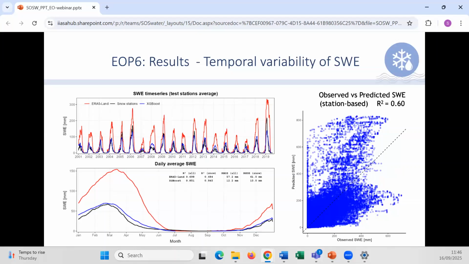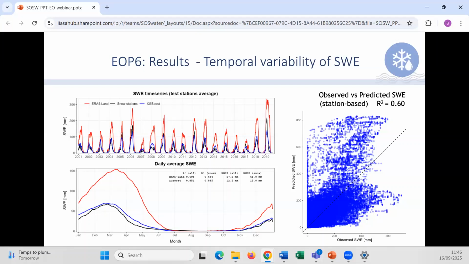We see that it represents the dynamics of the snow stations much better. The R squared of the extreme gradient boosting is about 0.85, compared to 0.69 for the ERA5-Land snow water equivalent.